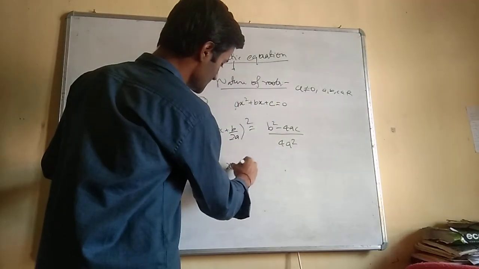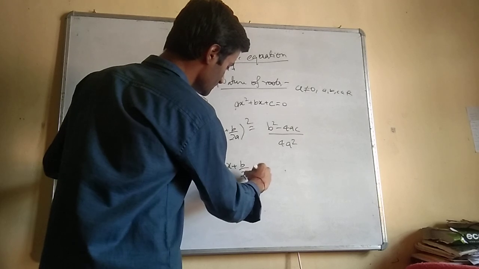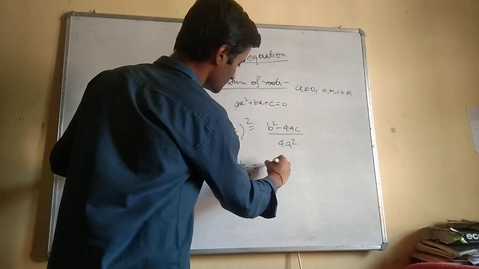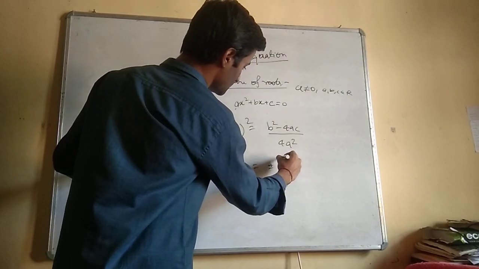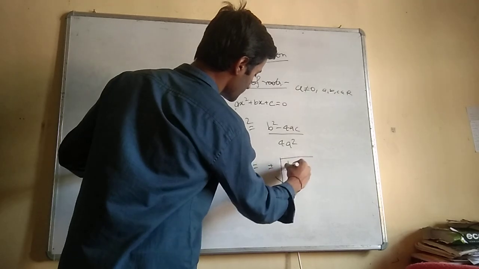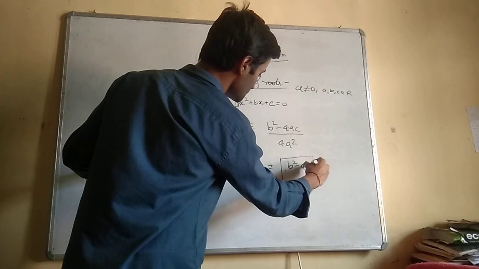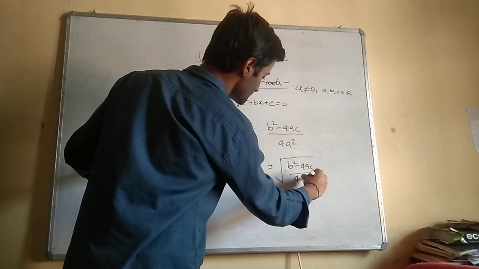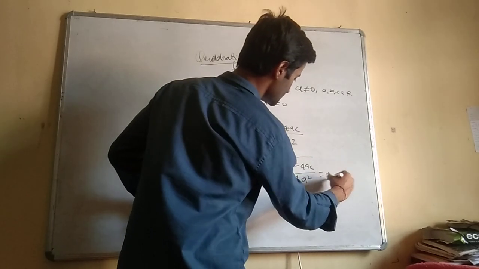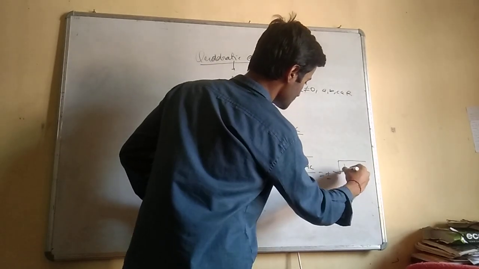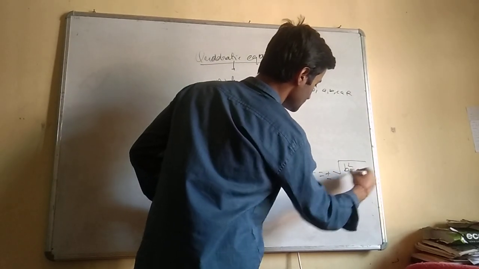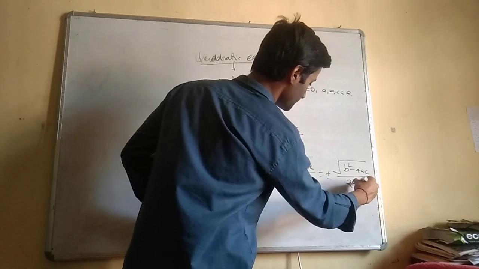So this will be x plus b by 2a is equal to plus minus root of b square minus 4ac upon 4a square. So this will become plus minus root of b square minus 4ac upon 2a.